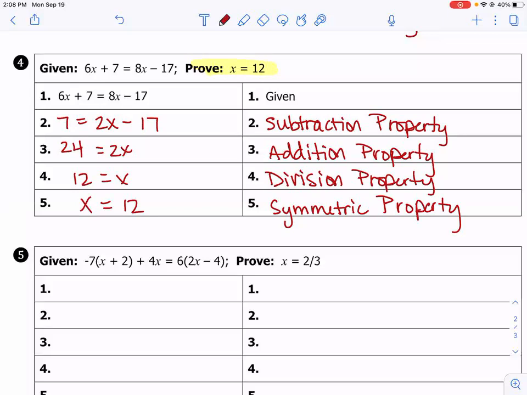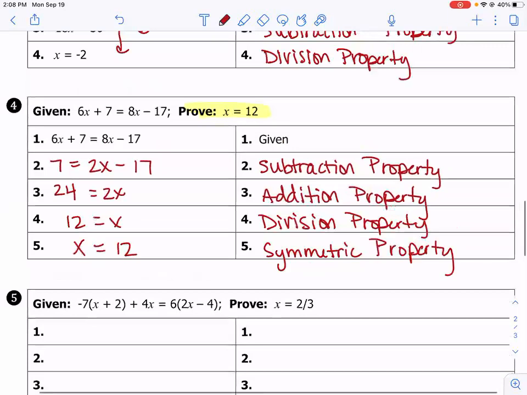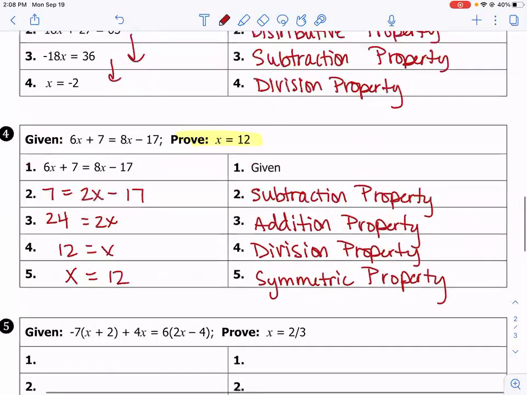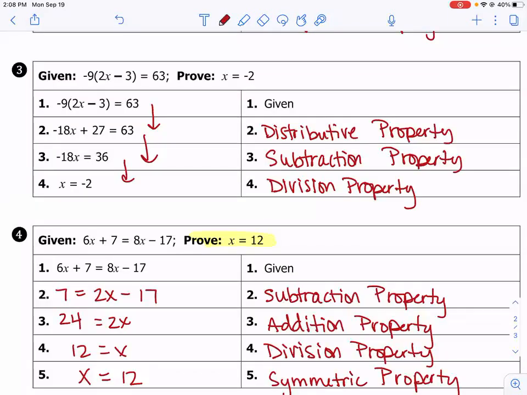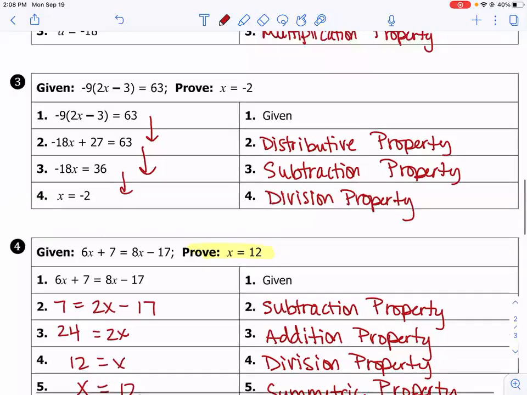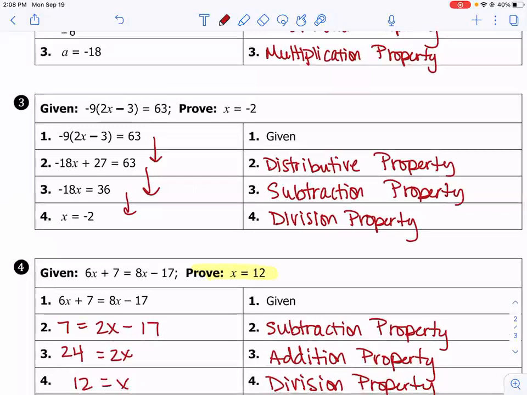But you cannot go from here to here in one step, because you can only do literally one thing at a time. One thing at a time. Keegan. We didn't need to because we ended, like right here? In number 3's proof, we had x equals -2, so we were fine.